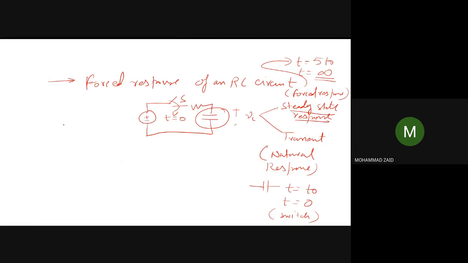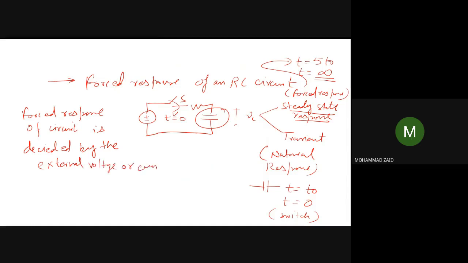Another thing is that the forced response of the circuit is decided by the external voltage or current source. So the circuit initial conditions have no role to play in it.